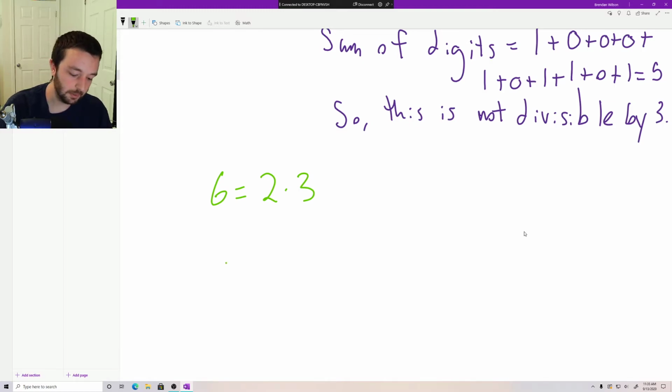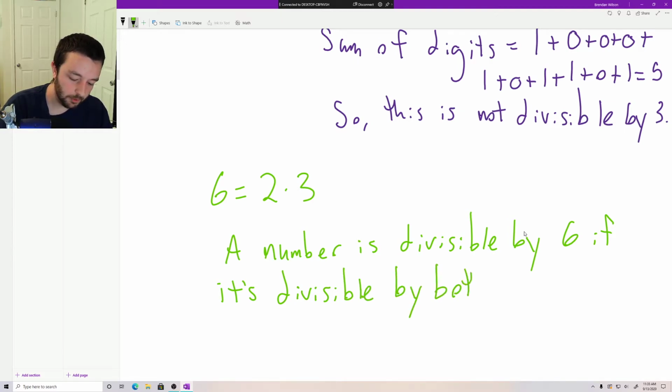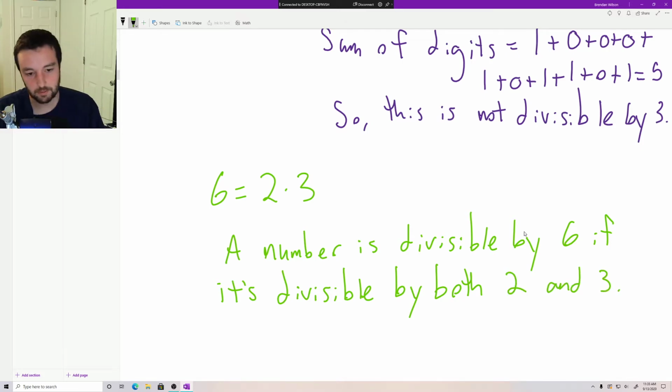So in other words, a number is divisible by 6 if it's divisible by both 2 and 3.